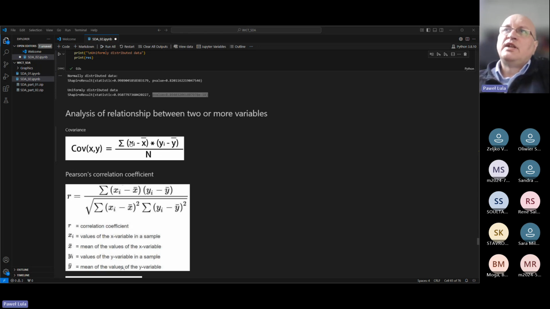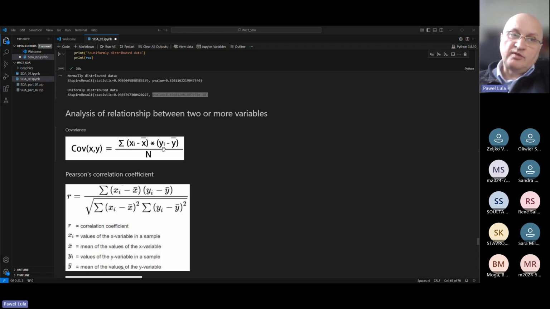What we have here is a product of two values. And these values are defined as differences between a value of x variable for a given object and the average value calculated for this variable for all objects.